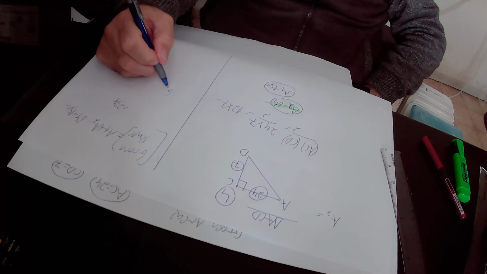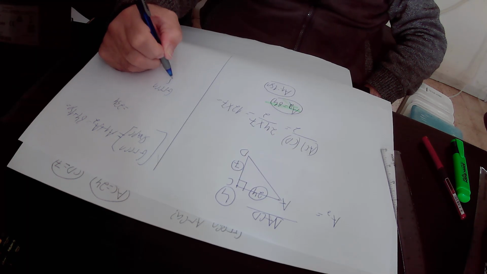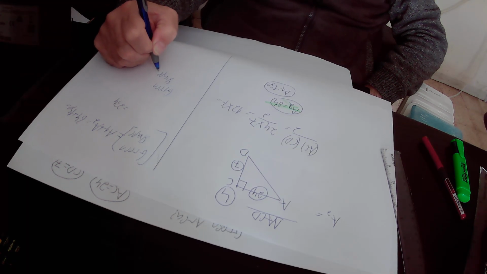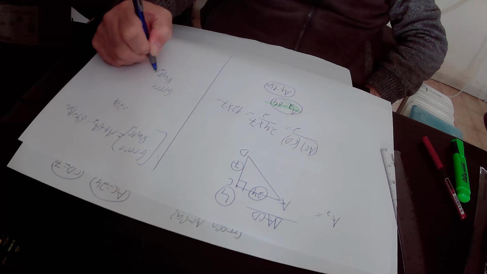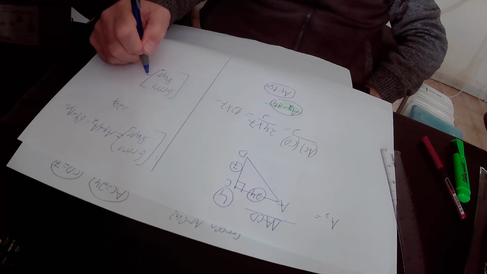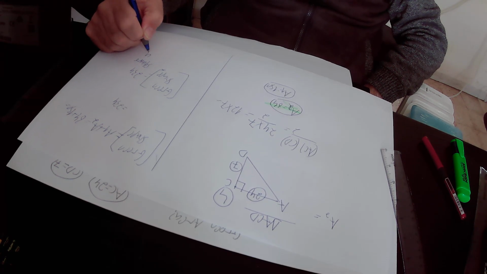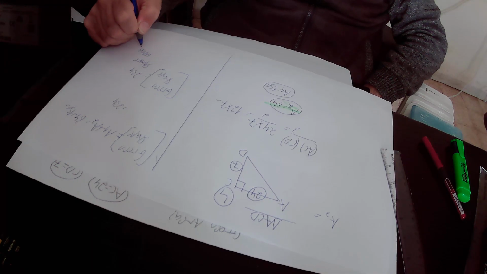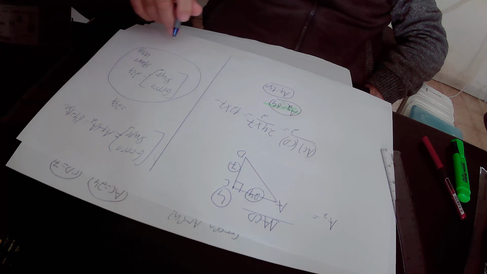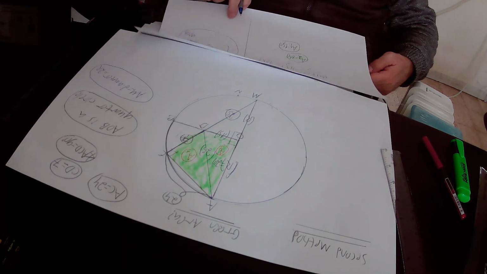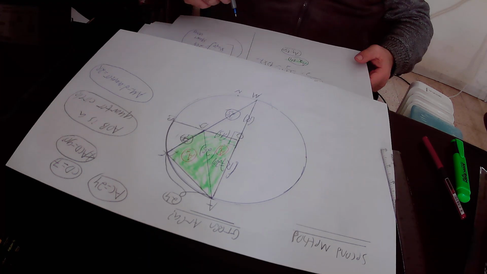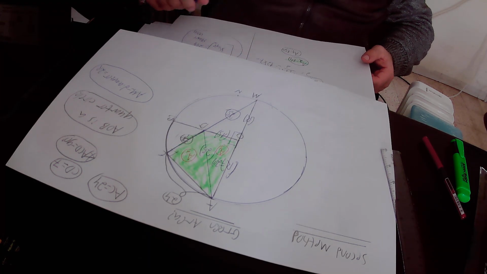So I found out that the area of the green shape in total is equal to 234 square units. Okay, that is the answer to our question. The area of this green shape equals 234 square units.